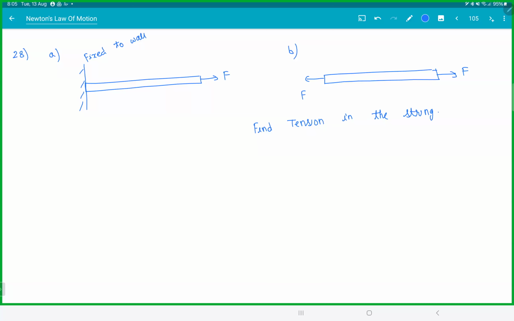If you fix it to the wall, it can't move. If you're applying two forces equally, it won't move. Find the tension in the string.